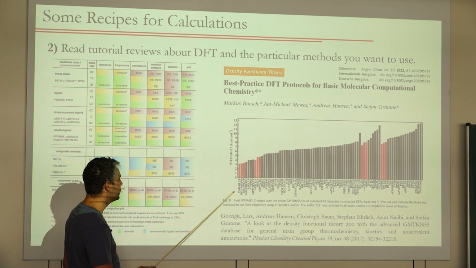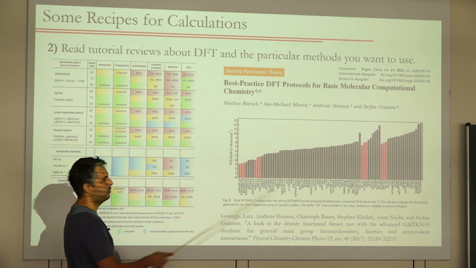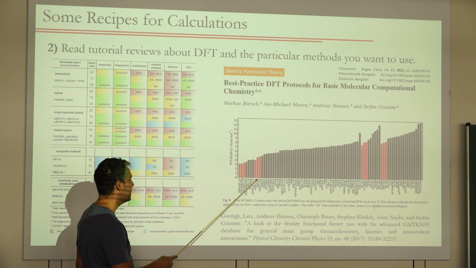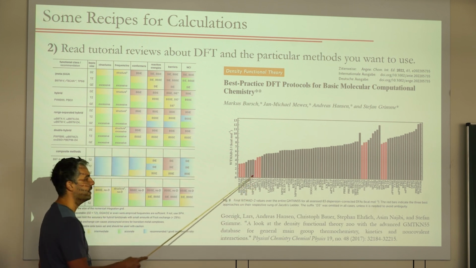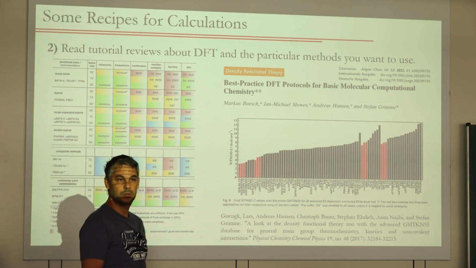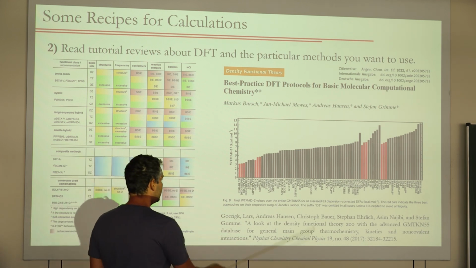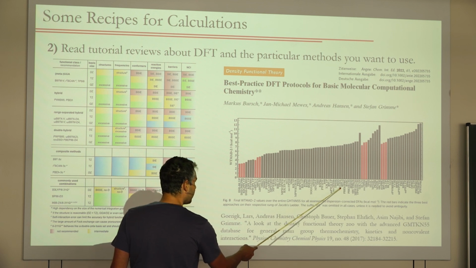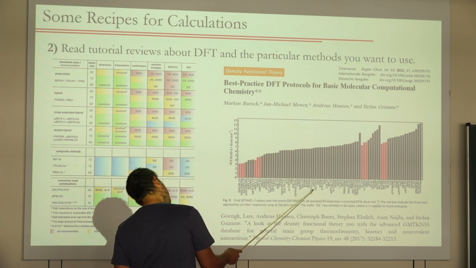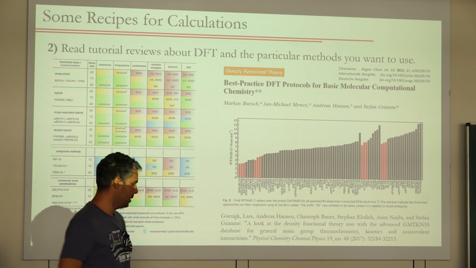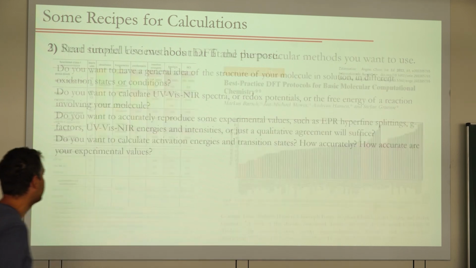So the best one for the overall data set should be DSD-BLYP, but the best one that's not a double hybrid is omega B97X-V. So you can go for that functional if you want good results. You can see here maybe B3LYP is somewhere there, I don't know. But you can use that to have an idea.